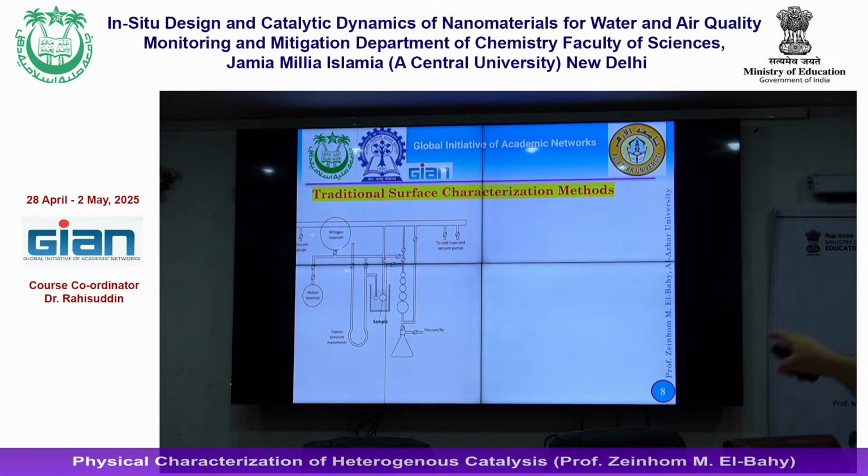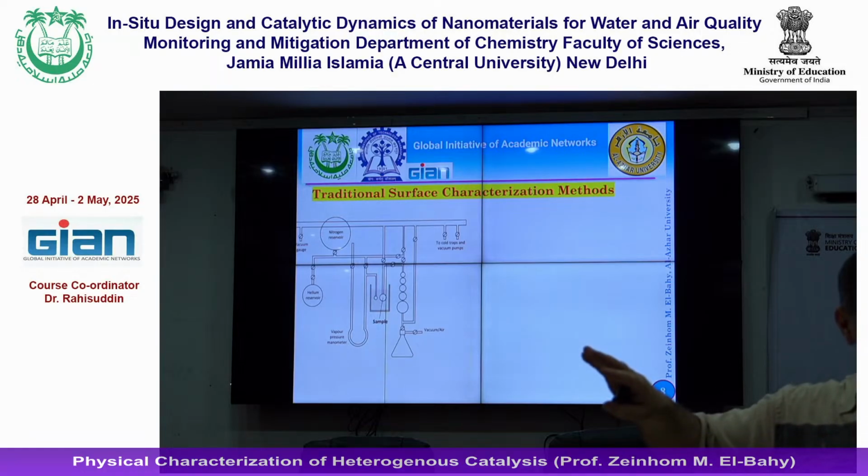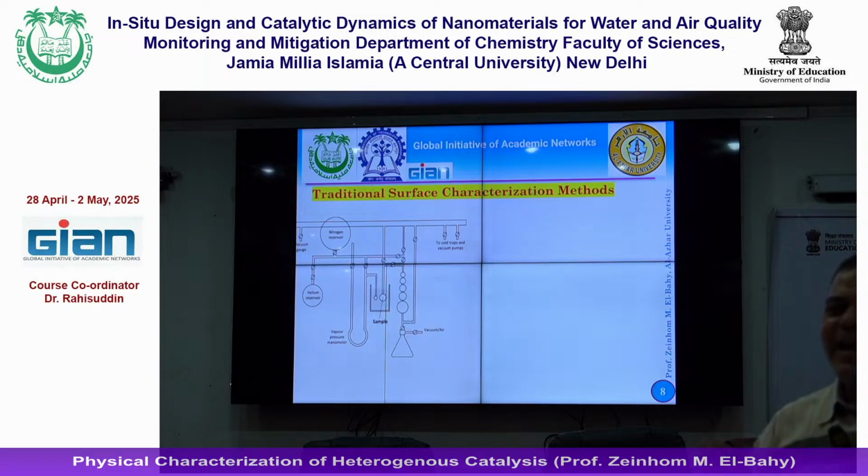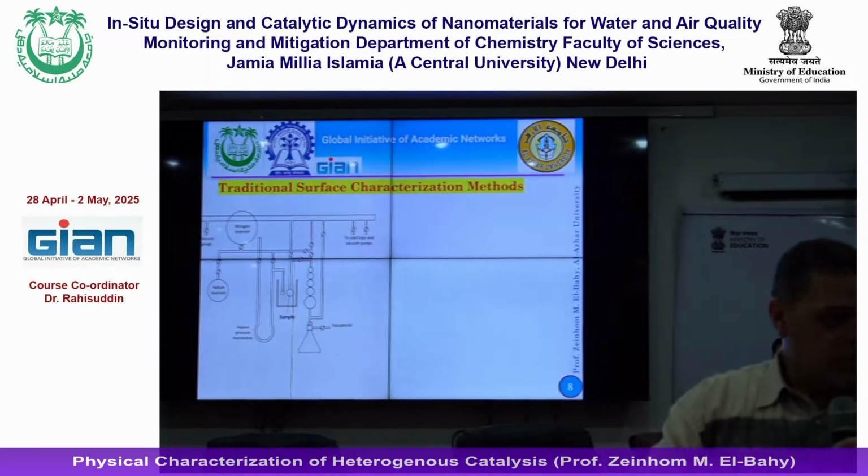We add a heater and heat it to evacuate the surface. After evacuation, when the surface is clean and there is no gas at all, we add our gas, which is nitrogen, to make nitrogen adsorption.